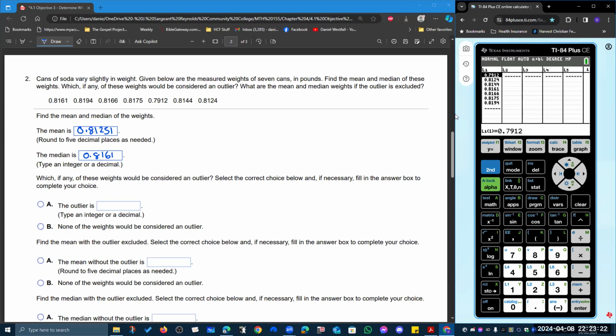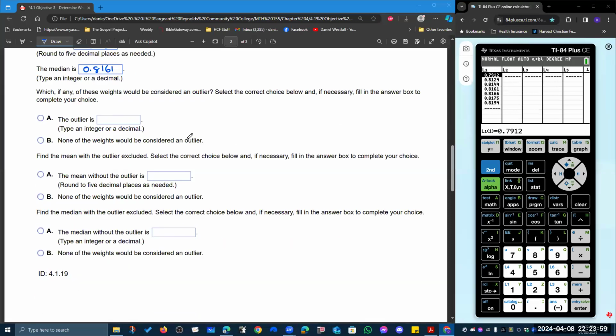I would have to say that nothing looks too far above or below, other than maybe that 0.7912, which looks to be a little bit on the low side. So that's what they want us to say, that it's significantly lower than all the other ones.